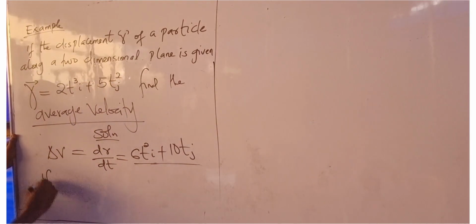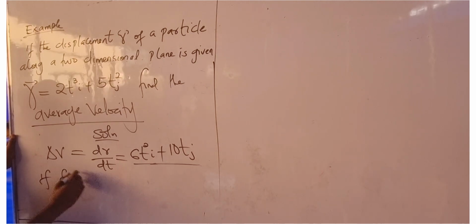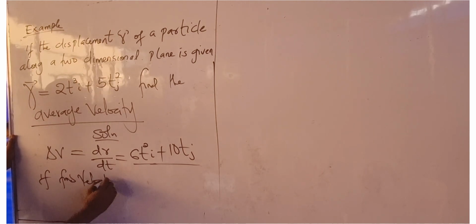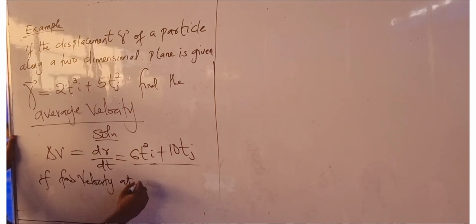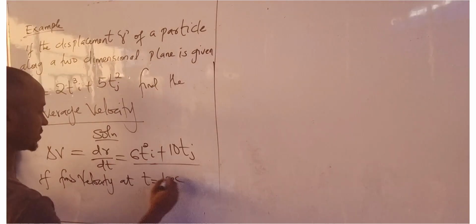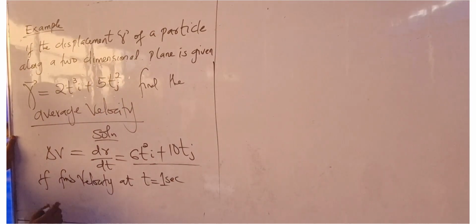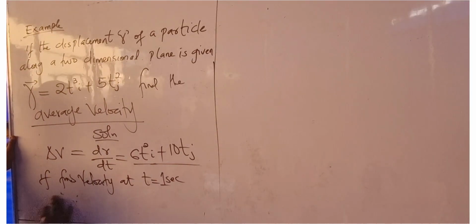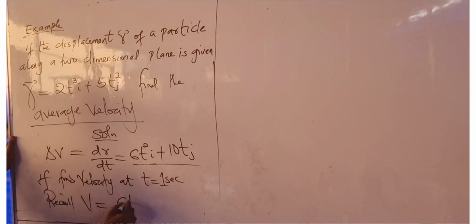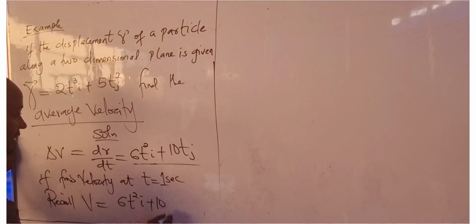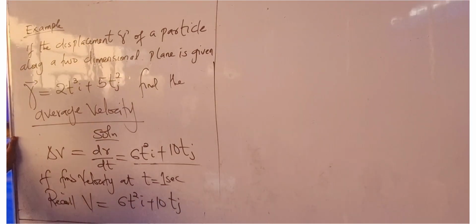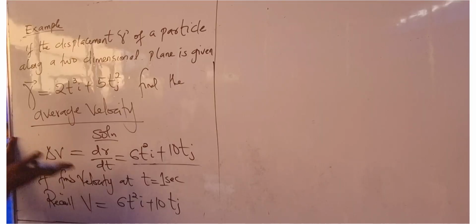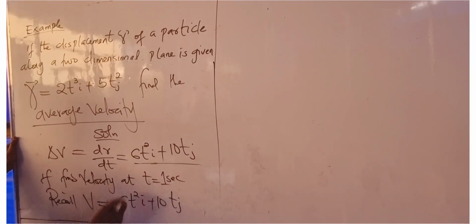Except, what if they say, find velocity at t equals 1 second? Recall that velocity is given as 6t squared i plus 10tj. So from there I can find my velocity when t is 1 second.